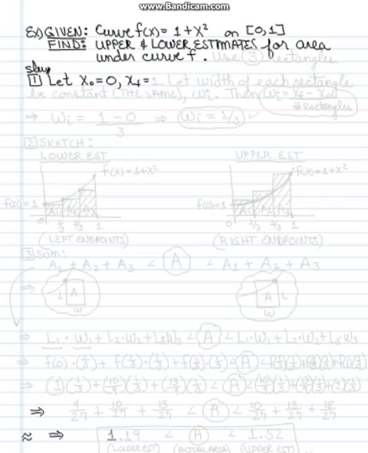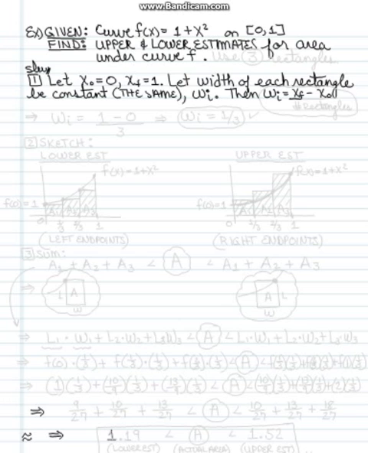Let the initial x value, x sub 0, equal the left endpoint in the restraint on the domain, 0, and x final equals 1. Let the width of each of the rectangles be constant, the same value. We'll call it w sub i for the ith width, and we'll use the formula w sub i equals x final minus x initial over the quantity of rectangles.